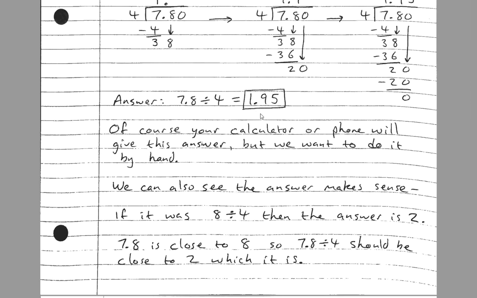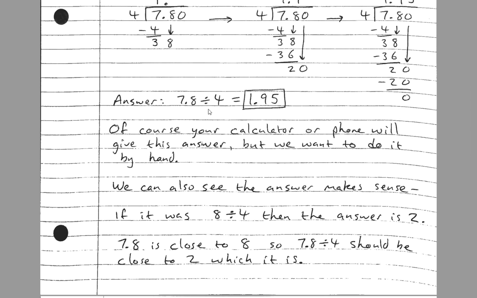And also, don't forget to check that your answer makes sense. When you're working with numbers, at the beginning, maybe you should be seeing what kind of answer we expect. So for this number 7.8, it's close to 8.